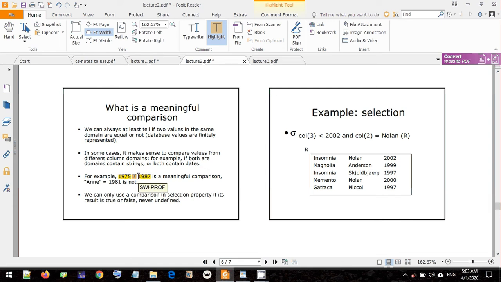That is a meaningful comparison. But if the content of the domains is different, we cannot perform this kind of test on it. We cannot say that a name is equal to a year of birth. That is not possible.